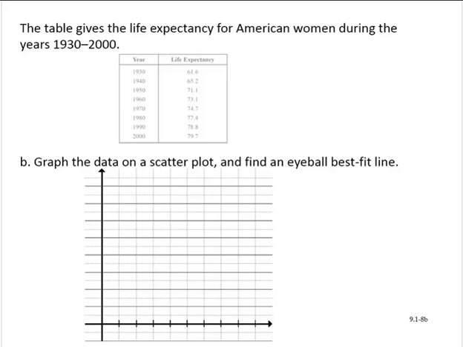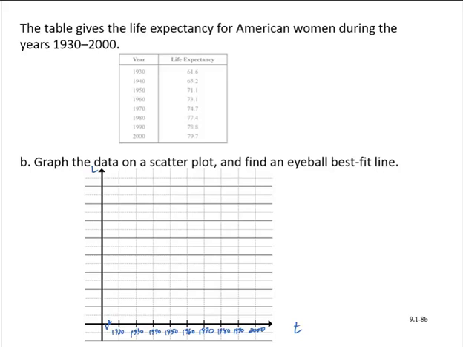We're now asked to graph the data on a scatter plot and find an eyeball best fit line. So I will use T and capital L. I'll put a break in the axis and we'll start at 1920, and 1930, 1940, 1950, through 2000.